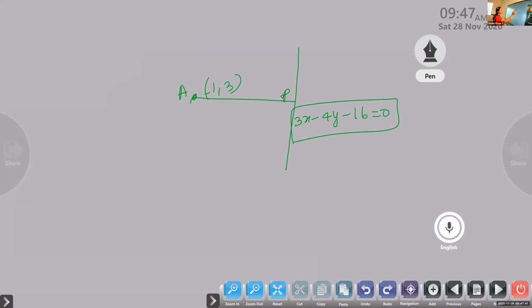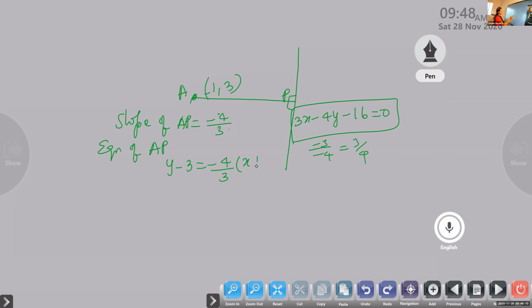So AP is perpendicular. What will be the slope of AP? The slope of this line is minus 3 by minus 4, which is 3 by 4. The slope of AP will be minus 4 by 3. Now what is the equation of AP? It is y minus y1 is equal to m into x minus x1.